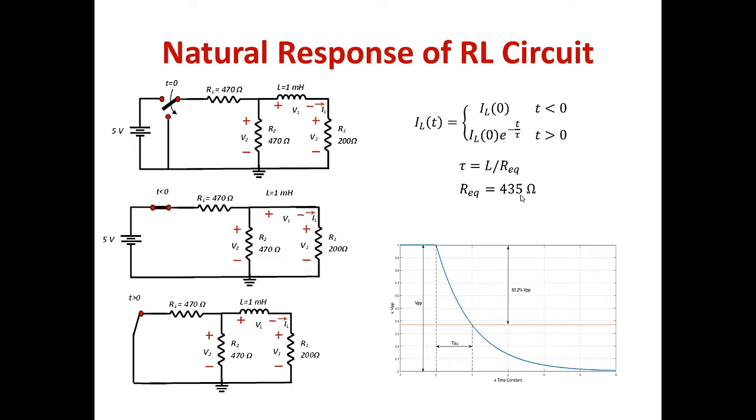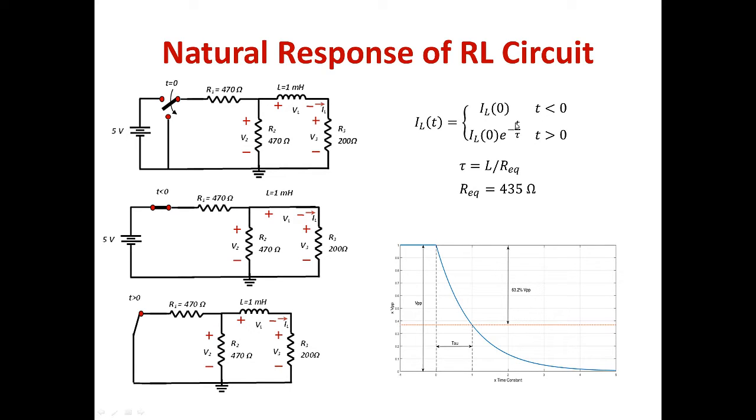So if you plot this function IL of t, it's going to be some constant value until t equals 0. When the switch opens, the voltage source becomes a short, and the current exponentially decays as a function of time. Now if you calculate tau seconds later, when t equals tau, you have I naught times e to the minus 1.